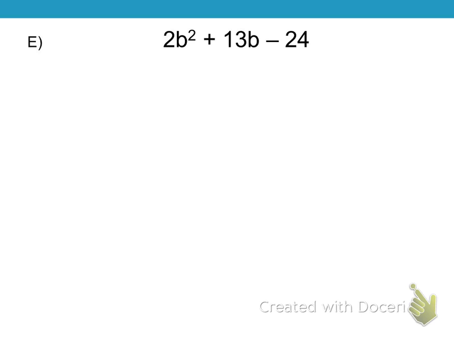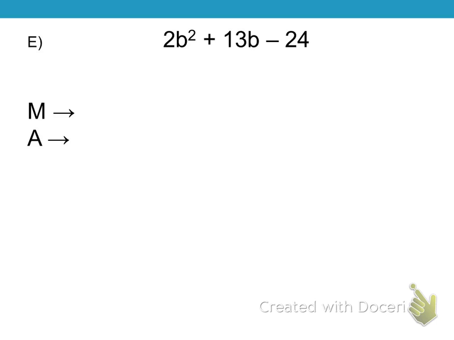All right, now we're going to look at one that does not have a lead coefficient of 1, so it gets a little trickier. It's the same process, though. We're going to multiply the lead coefficient times the constant.